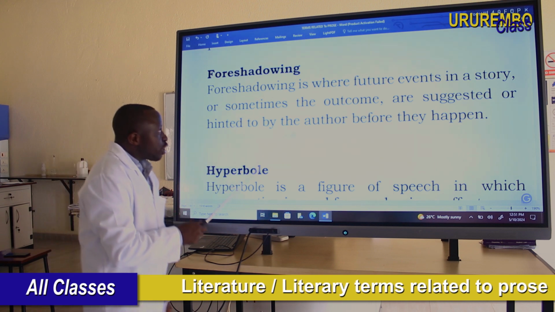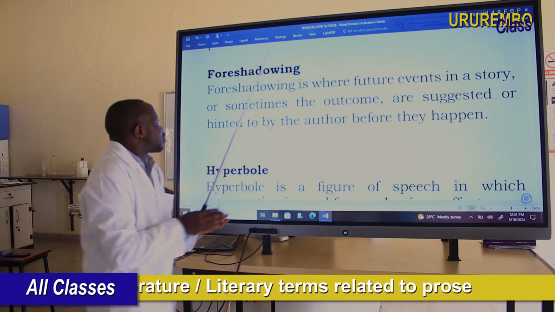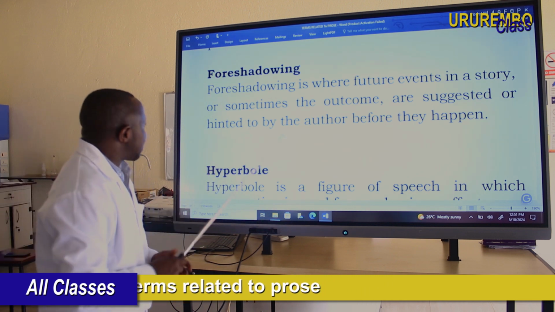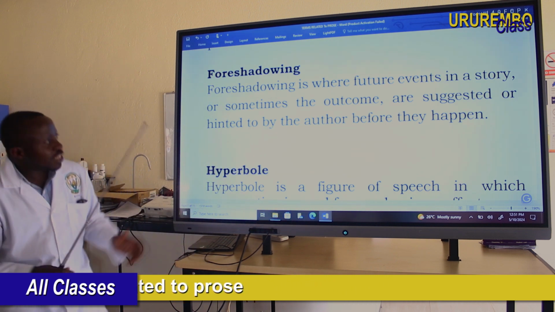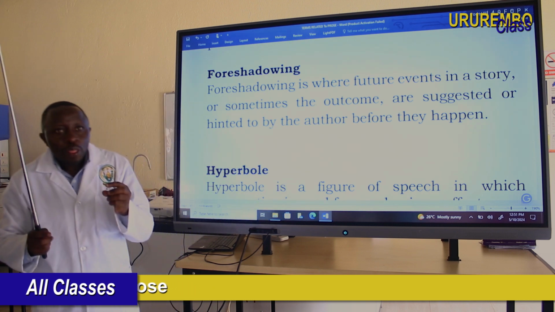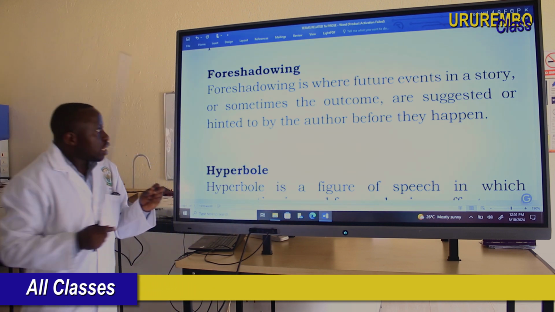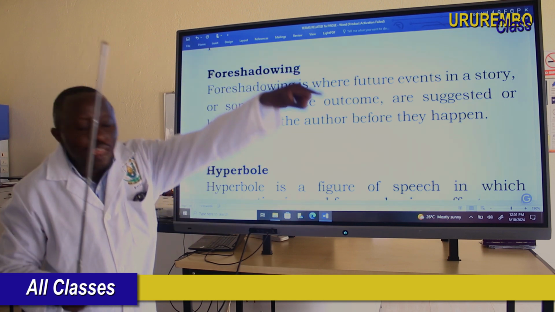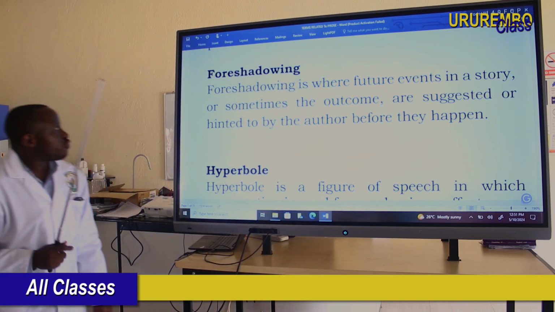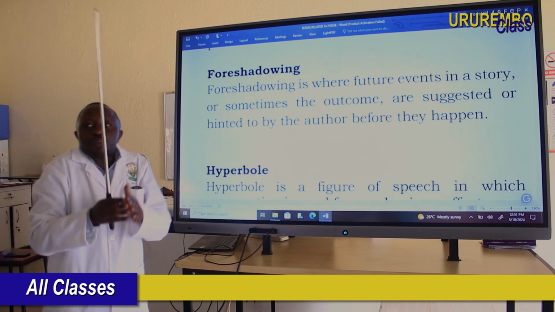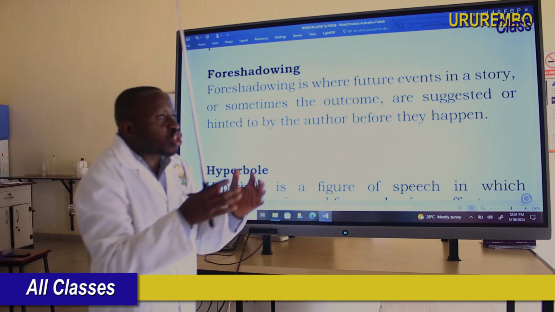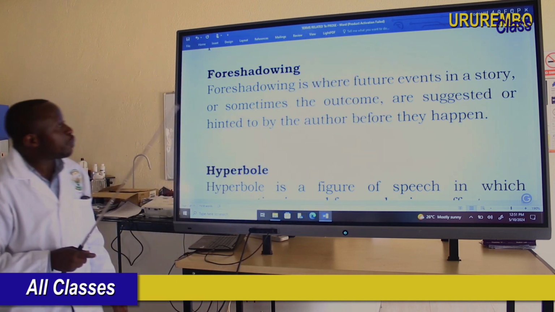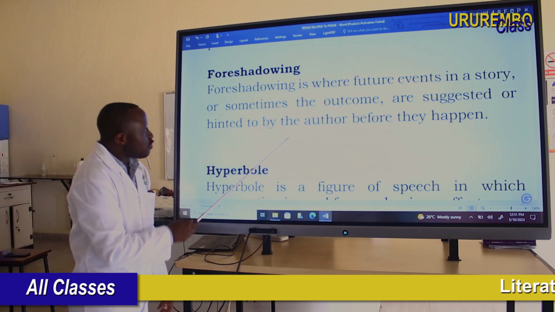So foreshadowing is where future events in a story or the outcome are suggested. In a story, you have something that shows what will happen in the future. That's what we call foreshadowing, okay? It's like to predict something, that makes you predict what will happen in the future. It's called foreshadowing.